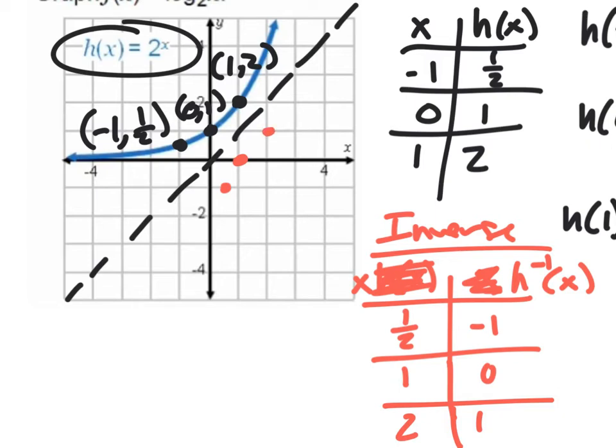Another thing we didn't talk about is that the exponential function has a horizontal asymptote at the x-axis.